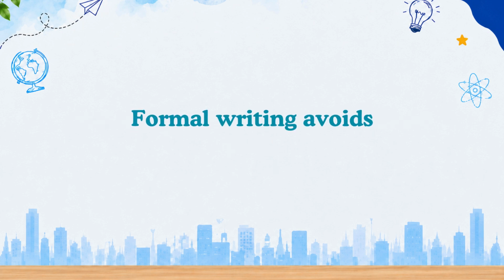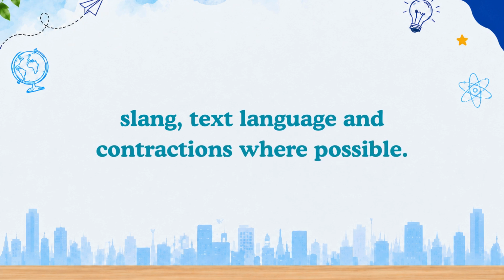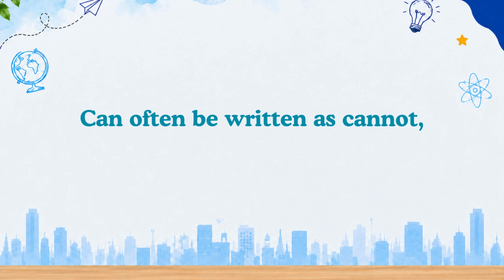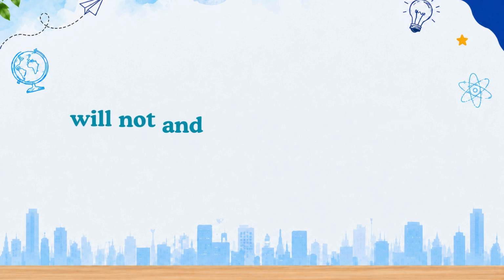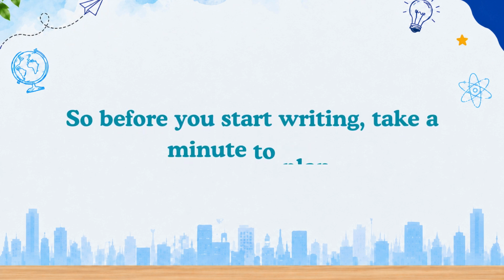Formal writing avoids slang, text language, and contractions where possible. Words such as can't, won't, and it's can often be written as cannot, will not, and it is to create a more formal tone.